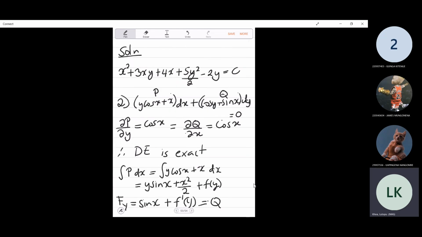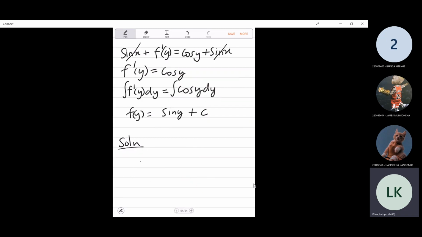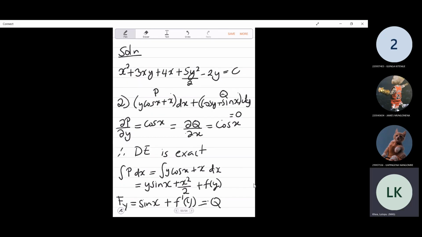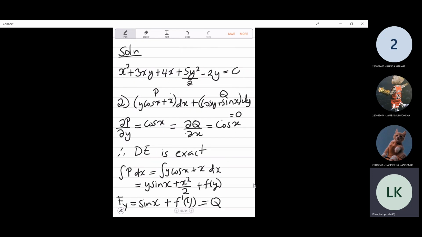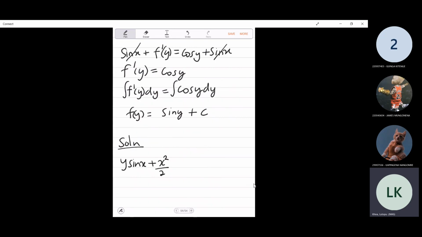So y sine x plus x squared over 2, and then plus f of y. F of y is sine y, sorry, and then we say that this is equal to a constant, and then that is your solution.